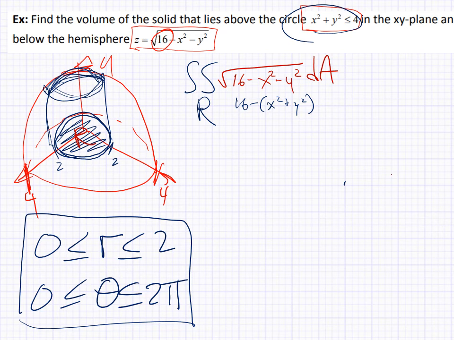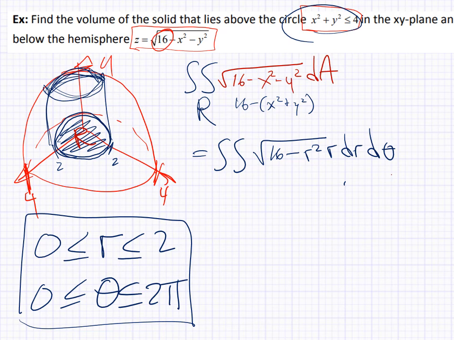And so I'm going to have the double integral of the square root of 16 minus r squared, since x squared plus y squared is r squared, dA would be r dr d theta, and r is between 0 and 2, and theta is between 0 and 2 pi.